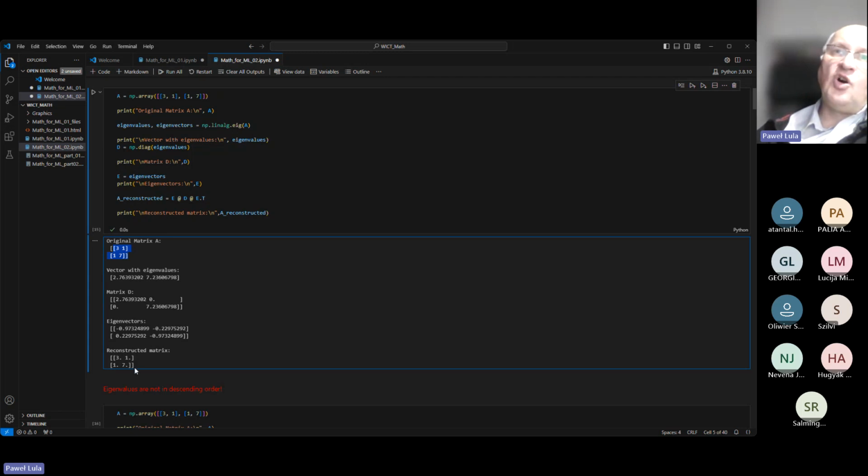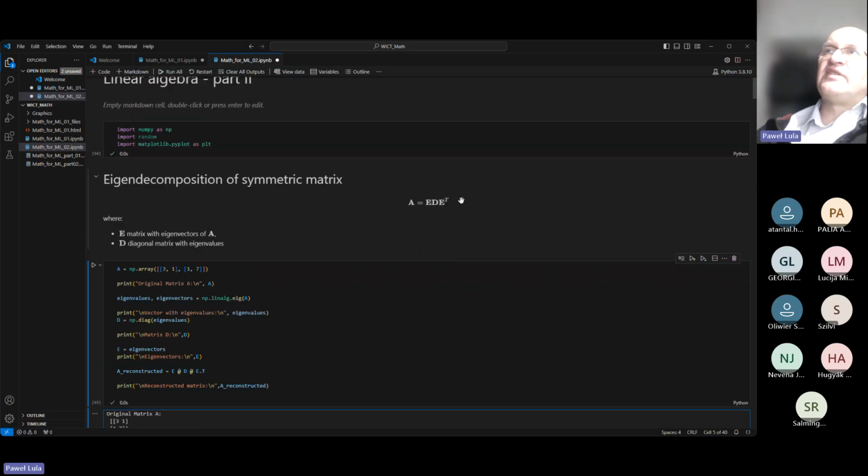Therefore, the result also is presented in this form, with real values. But we see that values are the same. So it is a theorem about the decomposition with the use of eigenvectors and eigenvalues. Therefore, it is called eigendecomposition.